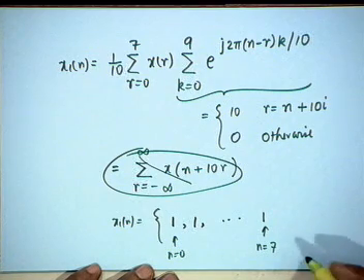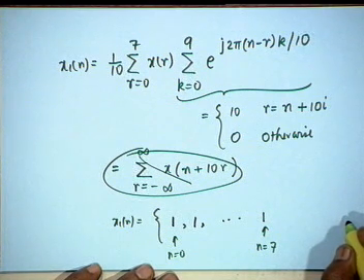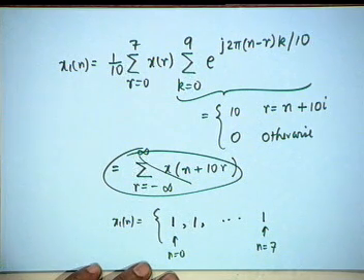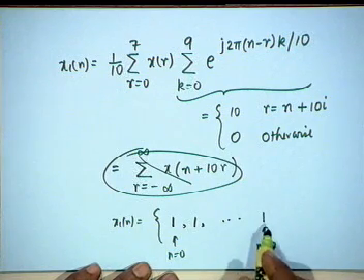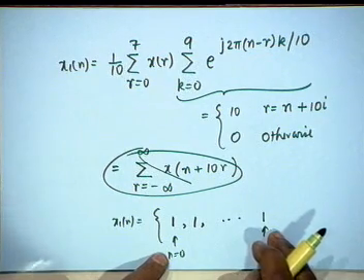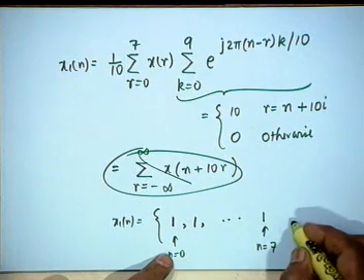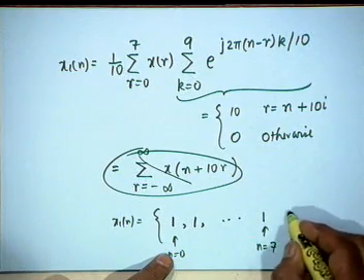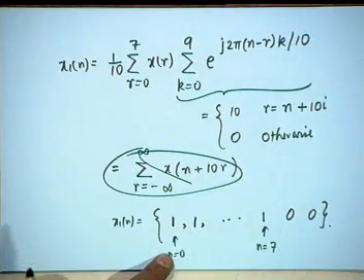Then you have to go to 8 and 9. N equal to 8, 8 would be added to 3, not added. You see, the original sequence was 8 points, and you have to now compute 10 points. So, what would be the other two? 0, 0. There is no aliasing here.